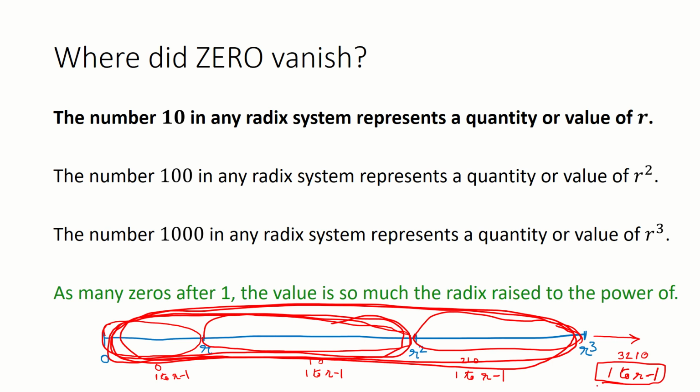It has been made possible because of the capability of 0 to vanish all the lower order position numbers. We can move ahead in our positions.